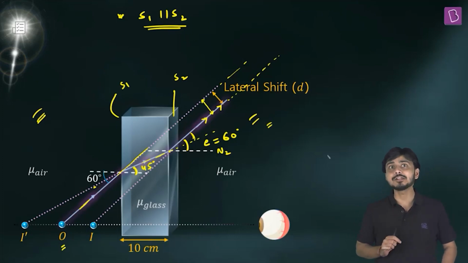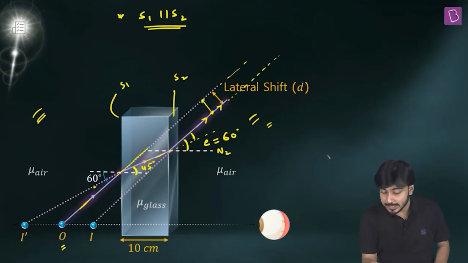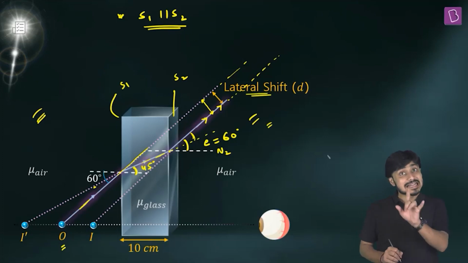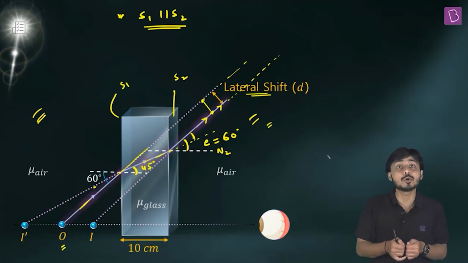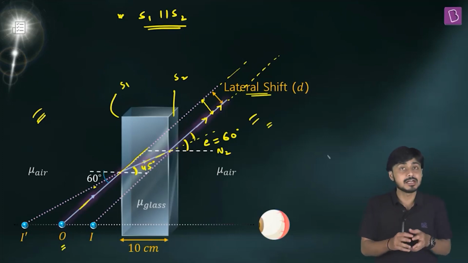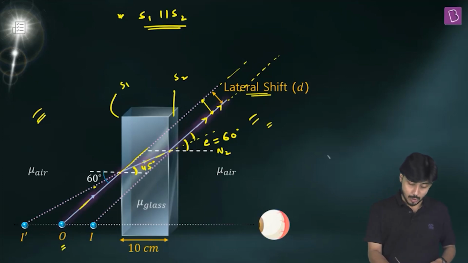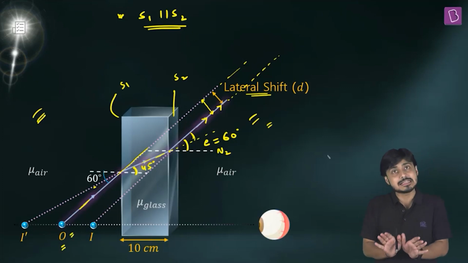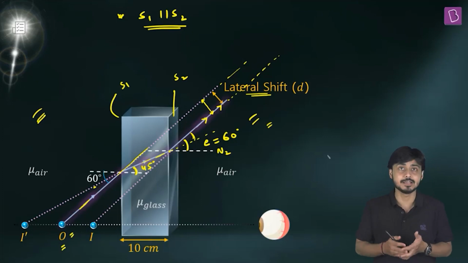So if they are parallelly shifted, the perpendicular distance or the perpendicular shift between them is called lateral shift. Lateral shift is defined for a particular incident ray. If you take a different incident ray, there are multiple rays emerging out from the object. So you can take any other ray which makes an incident angle not 60 degrees, maybe 70 degrees, right?